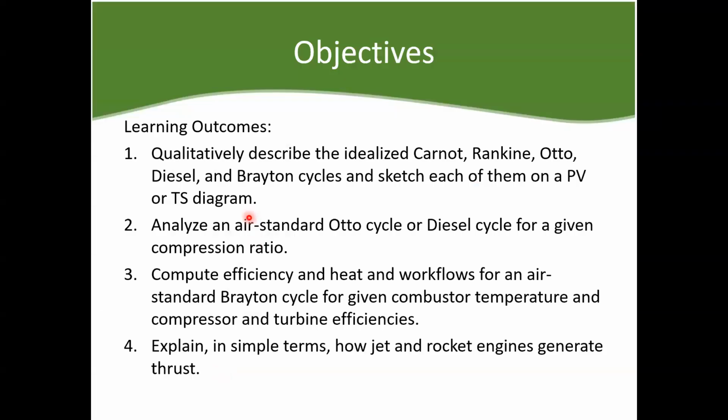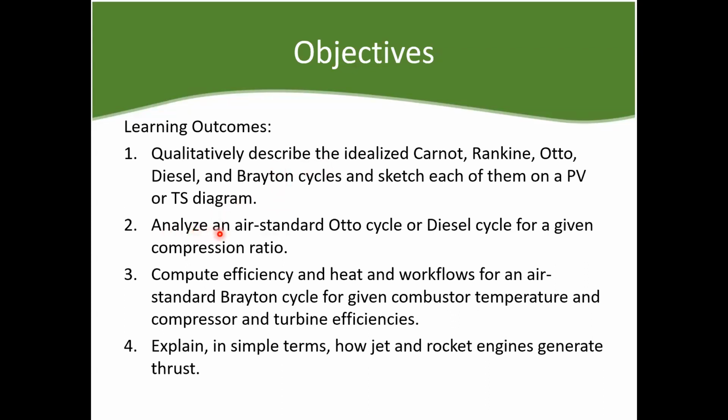For our learning objectives or learning outcomes, number one, to qualitatively describe the idealized Carnot, Rankine, Otto, Diesel, and Brayton cycles and sketch each of them on a pressure-volume or temperature-entropy diagram.